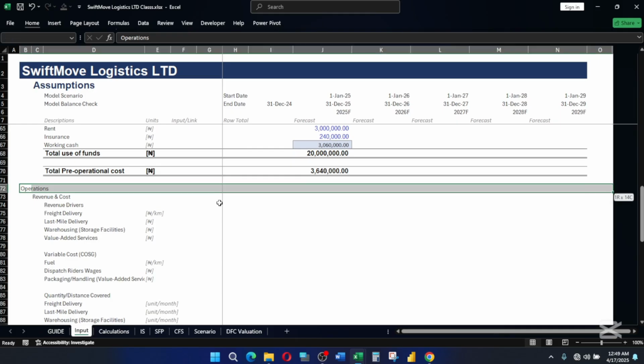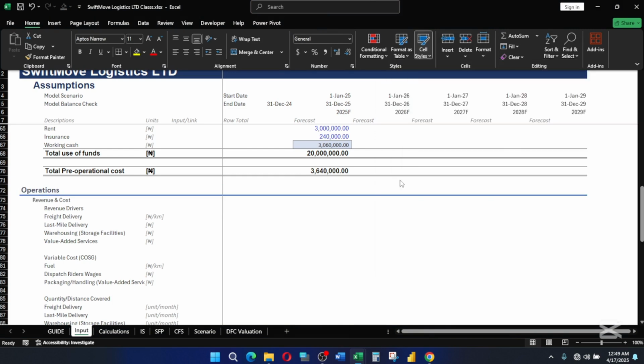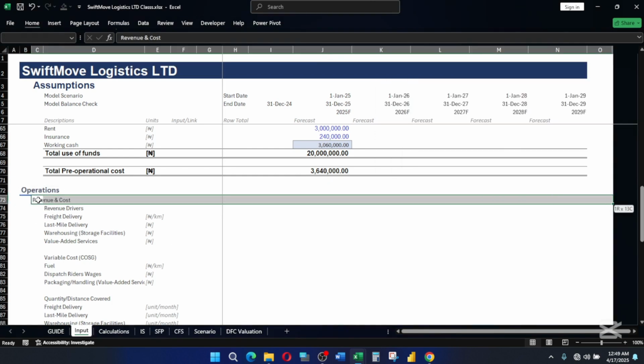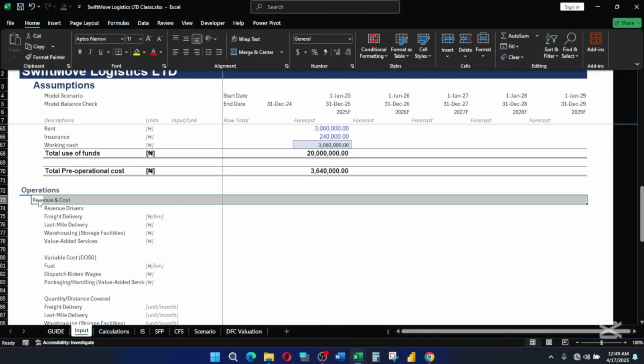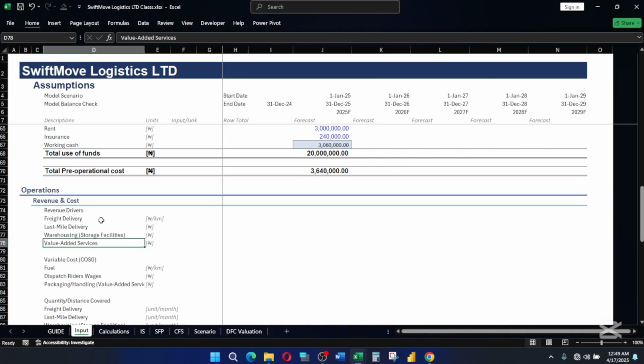So format this, give it your sales style, which is going to be heading 1, then this is going to be heading 2, revenue and cost, heading 2. Now operations, from the word operations, you already know what operations mean. So let's say our revenue drivers.